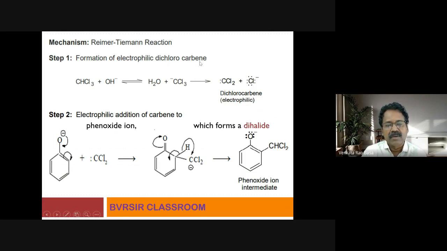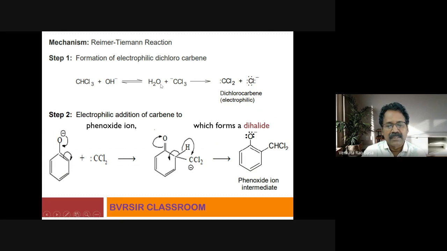How is this dichlorocarbene prepared? That is the first step. Chloroform, with formula CHCl3, is treated with the hydroxyl group, OH minus. The OH minus abstracts the proton from CHCl3, resulting in the formation of a water molecule.